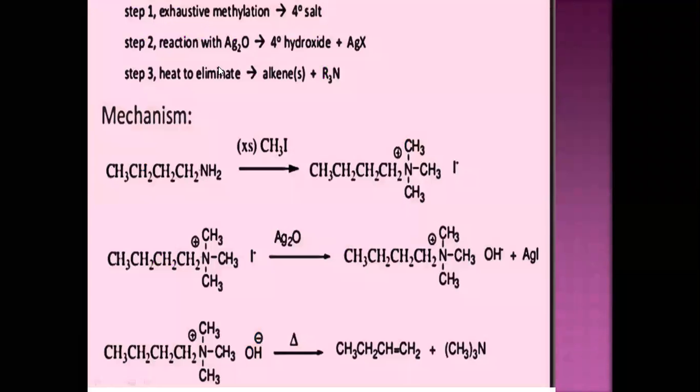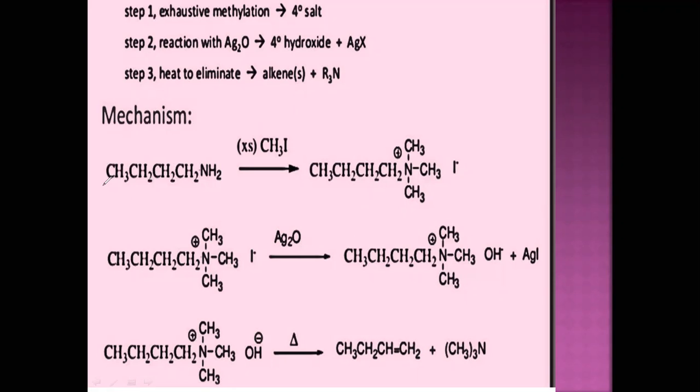Now see the reactions. In the first step, alkylation, or exhaustive methylation, takes place. So formation of the quaternary ammonium salt. Our product is the quaternary ammonium salt.